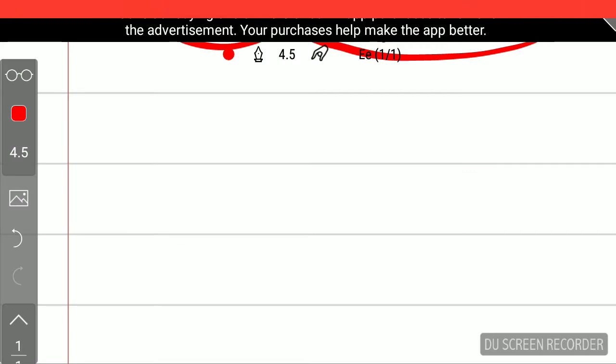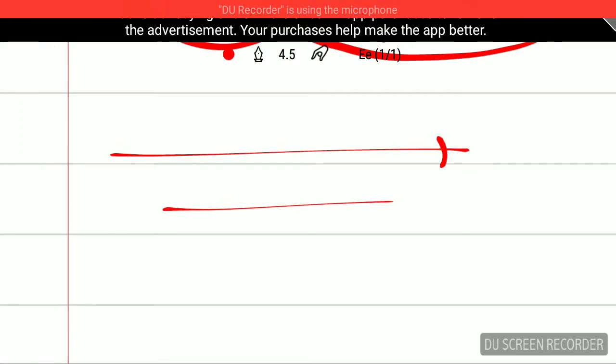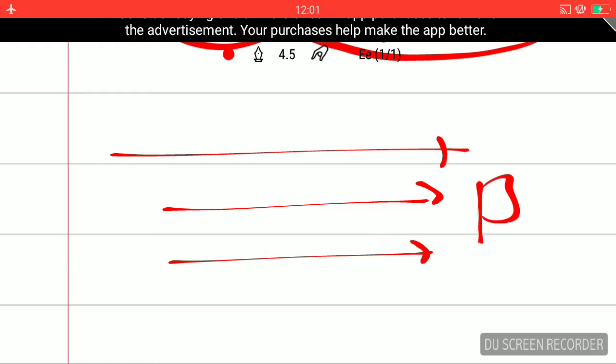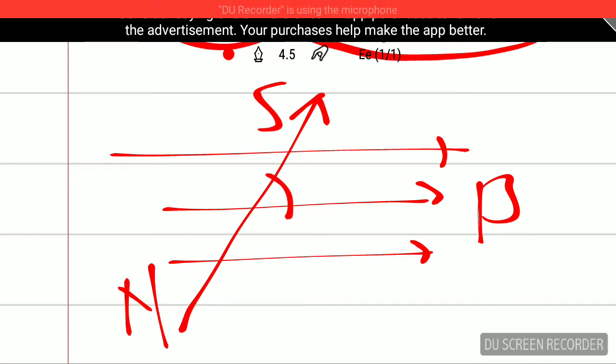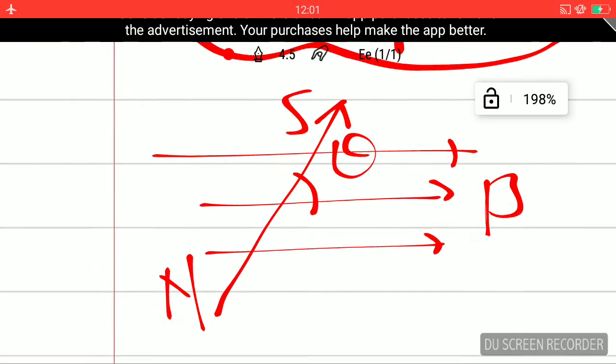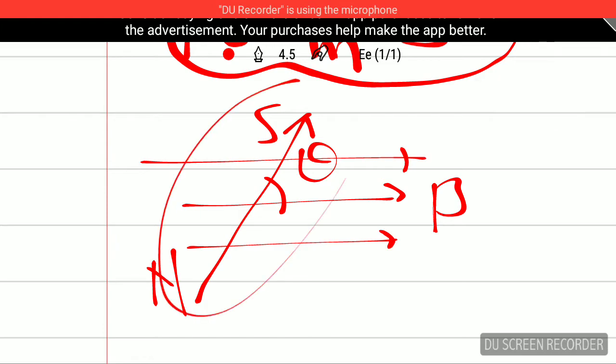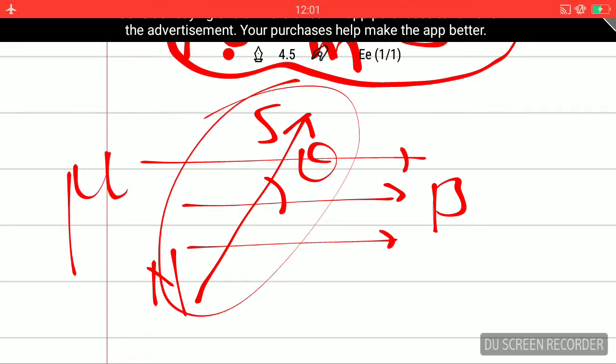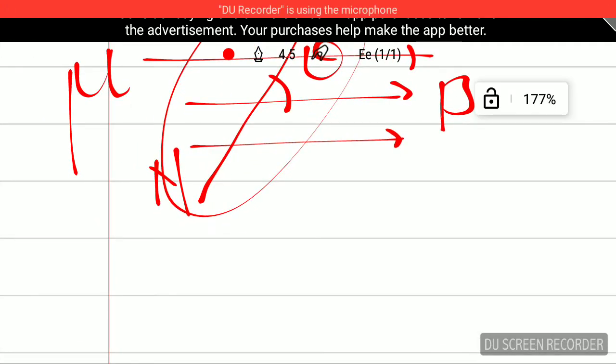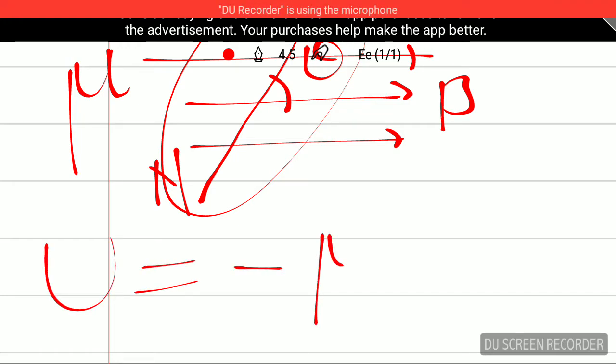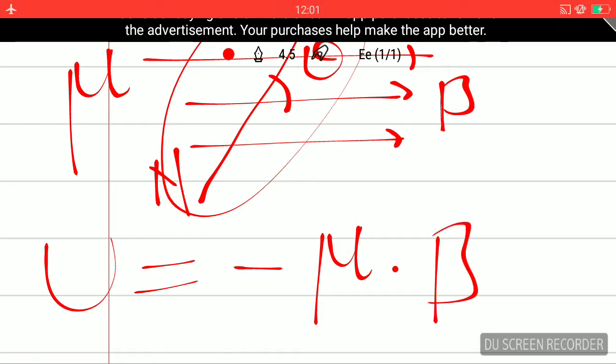If there is a magnetic field B, and you place a magnet in it, and the angle between the magnetic field and the magnet is theta, and the magnet has a dipole moment mu, then the potential energy of this magnet in the presence of the magnetic field is minus mu dot B. This is the dot product.